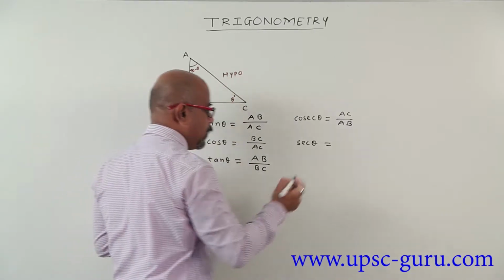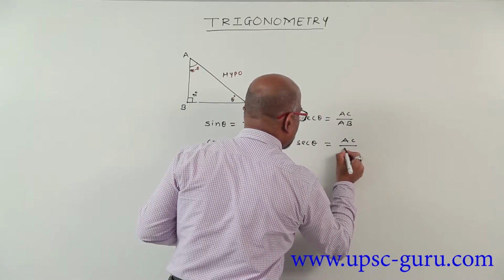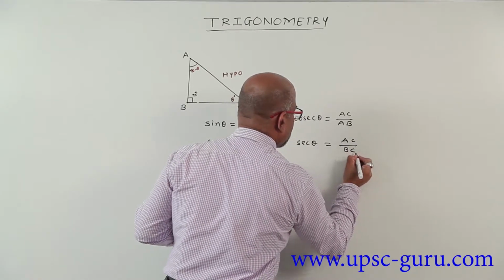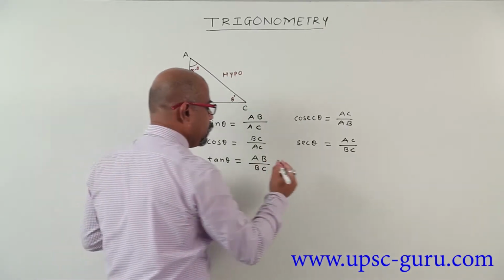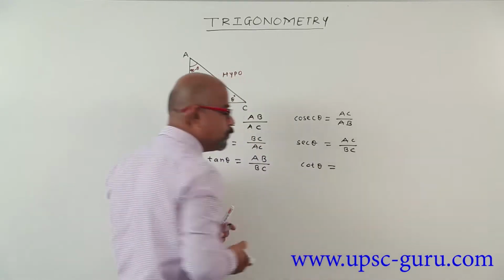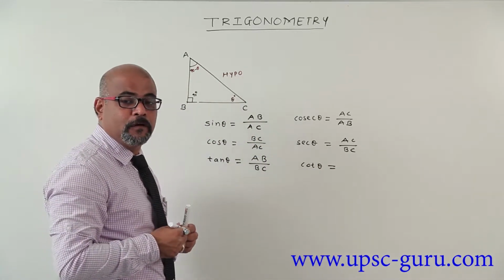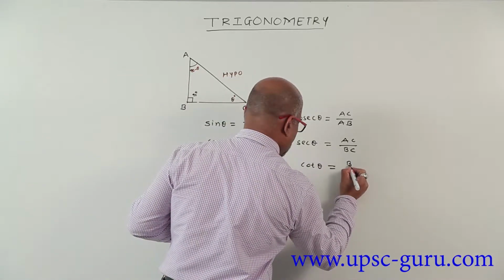Hypotenuse is AC, adjacent side is BC. We write AC upon BC. Then go for cot theta. We know that cot theta equals to adjacent side upon opposite side, that is BC upon AB.